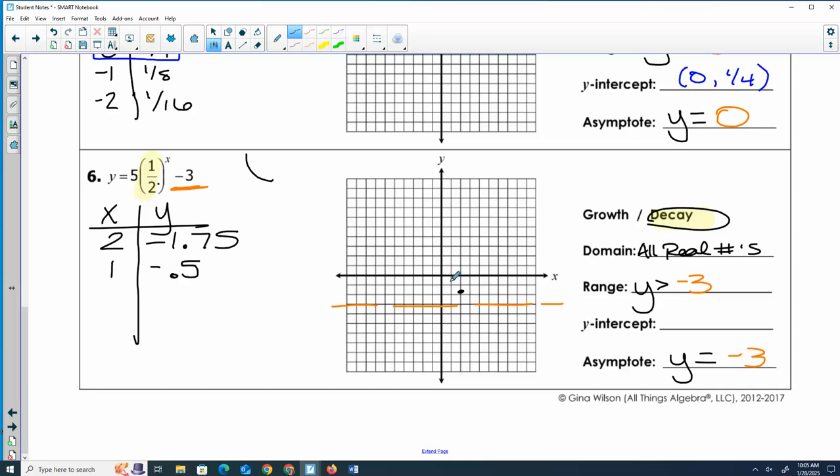So right 1, down 1/2. If I put in 0, we get 2. 0, 2. If I put in -1, we get 7. If you put in -2, we get a huge number, don't we? 17. So it's way off the graph.